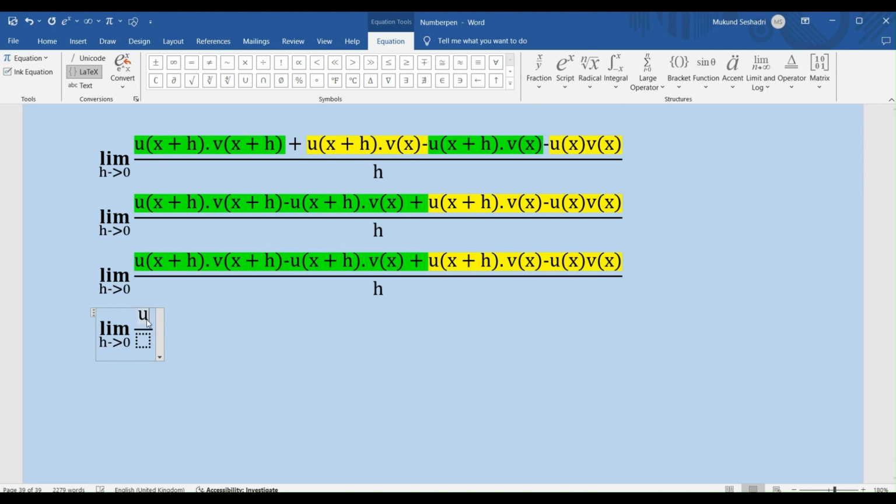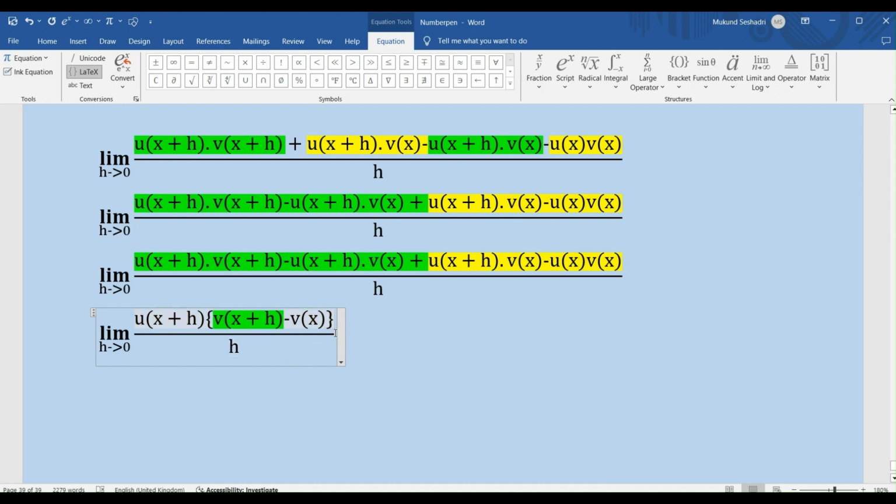So if I pull out my u of x plus h, what will I get? I will have my v of x plus h still. Remember, folks, we're still in the green part of the expression. And then I have my v of x, right? I close my flower bracket, and then I have my h.